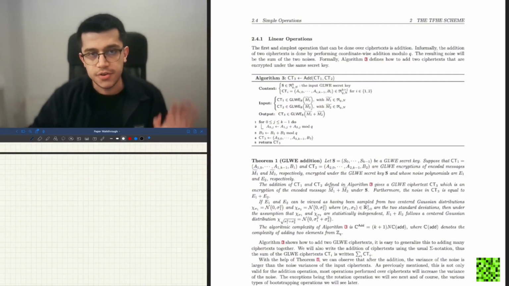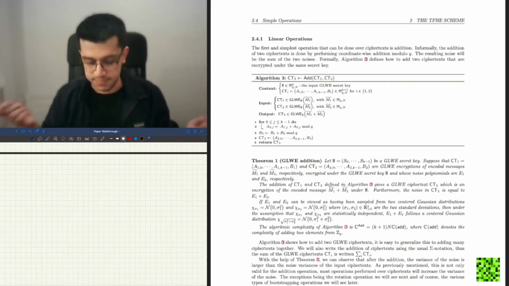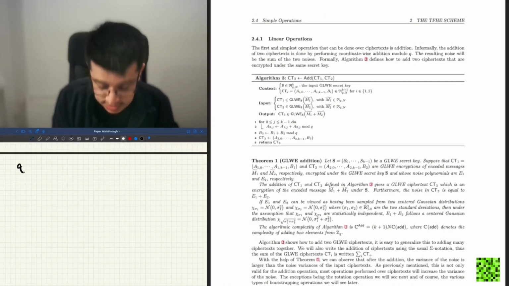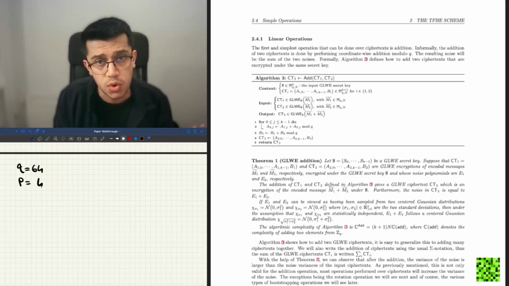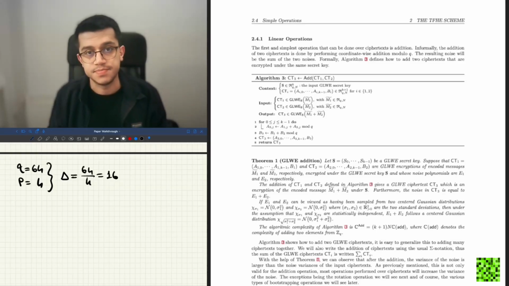First things first, we need to choose the parameters. So let's start with Q, the ciphertext modulus, let's say 64. The plaintext modulus is, let's say, 4. Then we have the scaling factor delta being equal to 64 over 4, which equals 16.